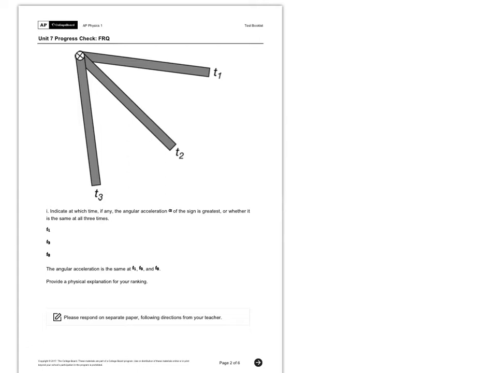So to answer this, we want to look at the relationship between torque and angular acceleration. Tau equals I alpha. So they have a direct relationship. Therefore, as torque decreases, angular acceleration will also decrease.